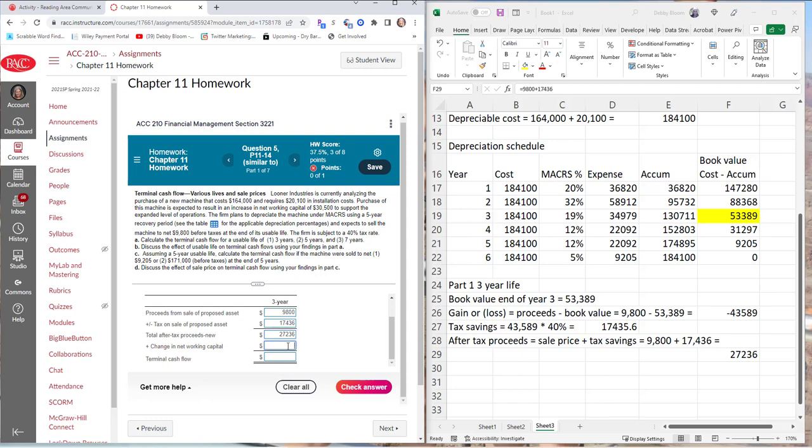Now we have to release back our working capital, so $30,500. To get our terminal cash flow, I'm going to take the 27,236 and add the 30,500, which is 57,736.